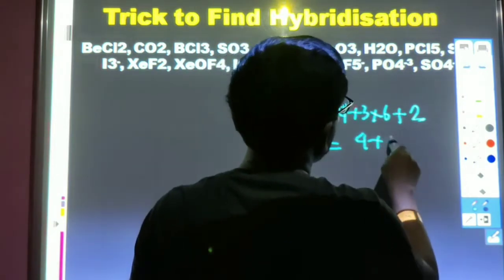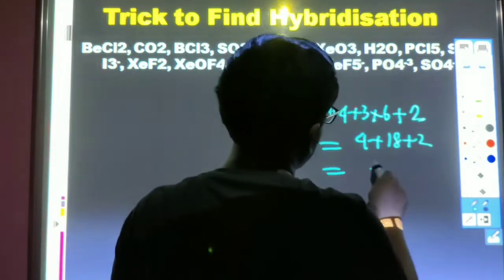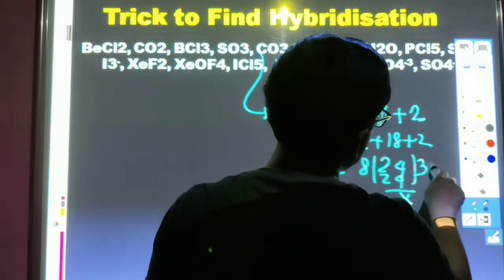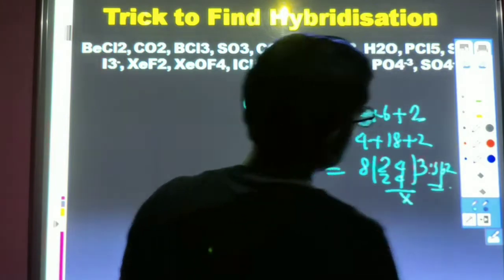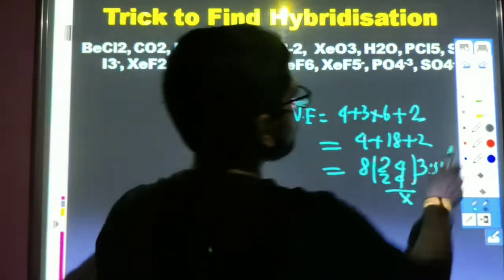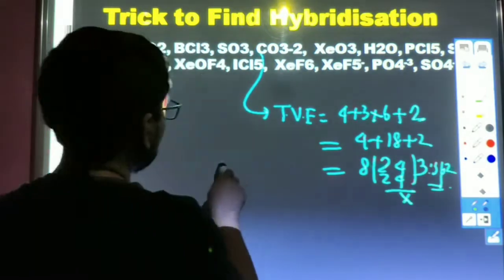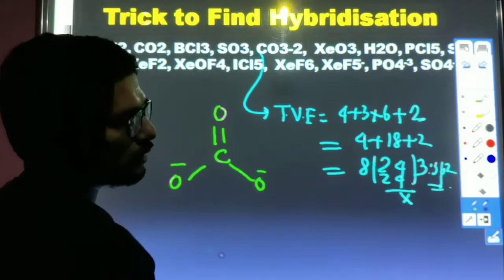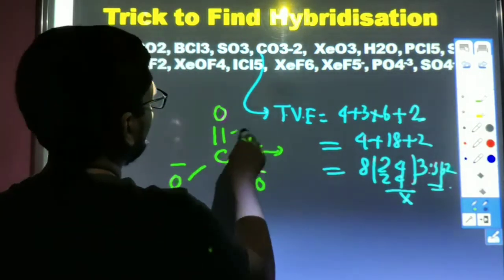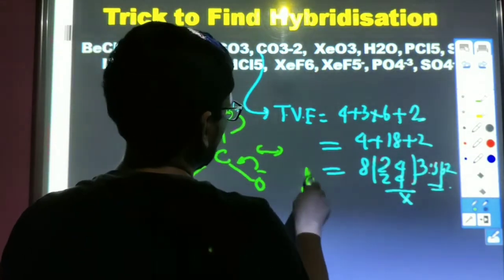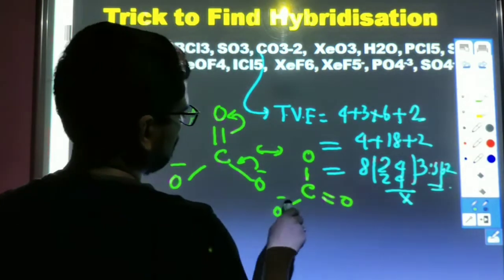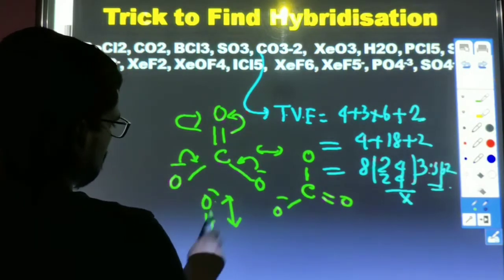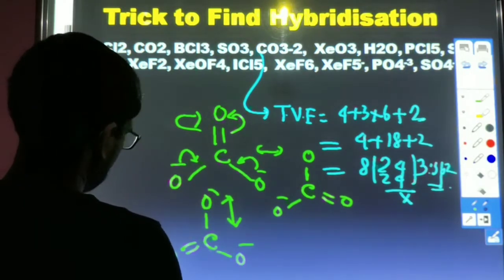So 4 plus 18 plus 2, that will give you 24, divided by 8. So hybridization is sp2 because steric number is 3. Now if you draw the structure, C double bonded O, O minus, so it will have resonating structure, so you can do it this way also, or else you can do like this, C double bonded to O minus.